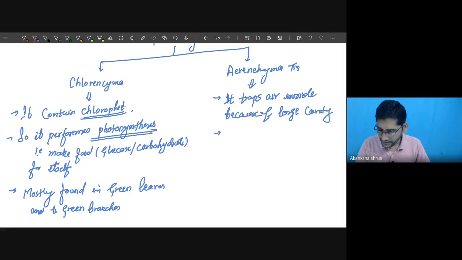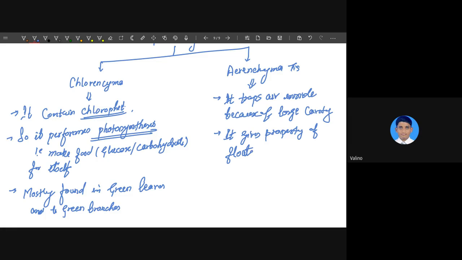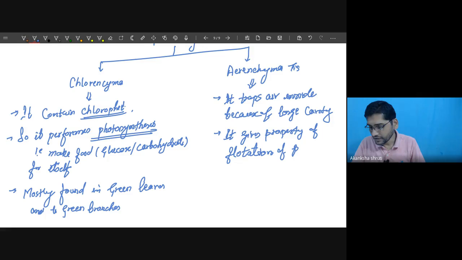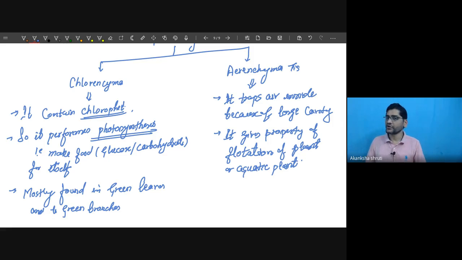Because of this, the weight is reduced, so it gives the property of flotation, of aquatic plants. Aquatic plants do not sink; rather they float on the surface of the sea and water, and they are able to grow.